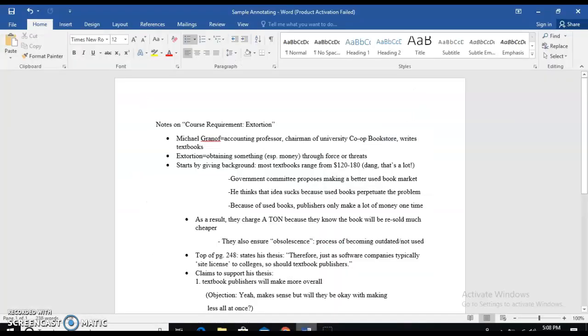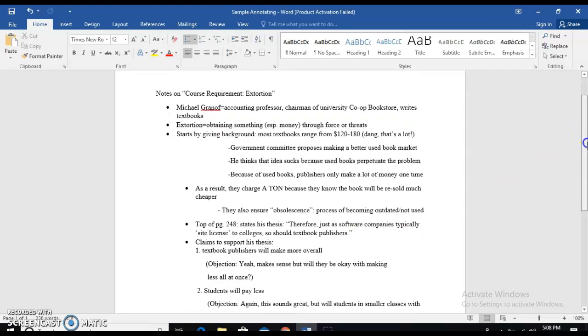I jotted that exact thing down right here, and I made sure to jot down the page number too, so I could come back to it if I need to, right? He's saying here that instead of these books only being sold one time and then becoming essentially useless, we should just license books, and that will make the cost much cheaper to students, right?